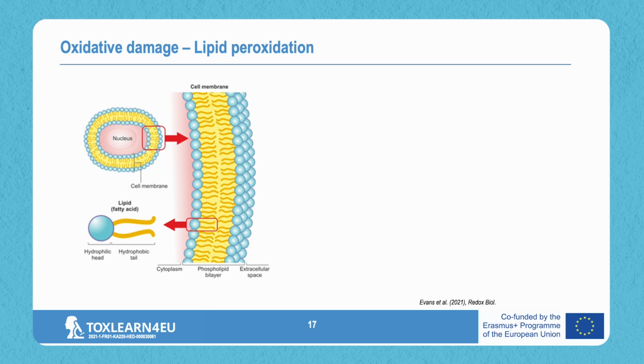If we look at the potential places where oxidative damage can occur, we can see here our lipid membranes, in which the lipids have very long fatty acid tails, and these are prone to oxidative damage. For instance, how can it start? If we have a free hydroxyl radical, it can abstract a hydrogen atom from this fatty acid tail and as such create a lipid radical.